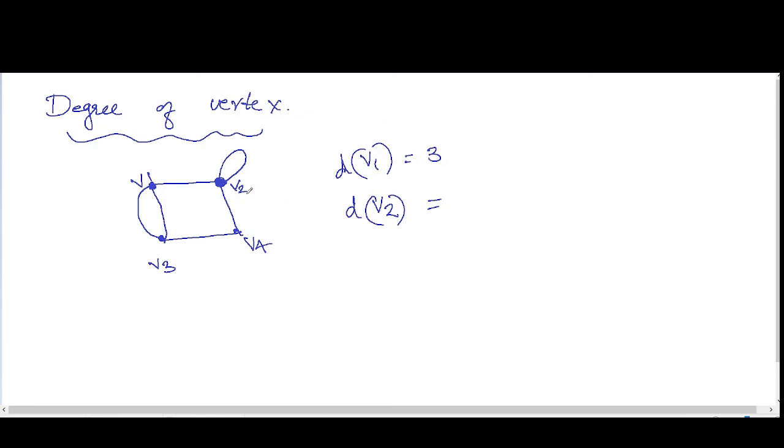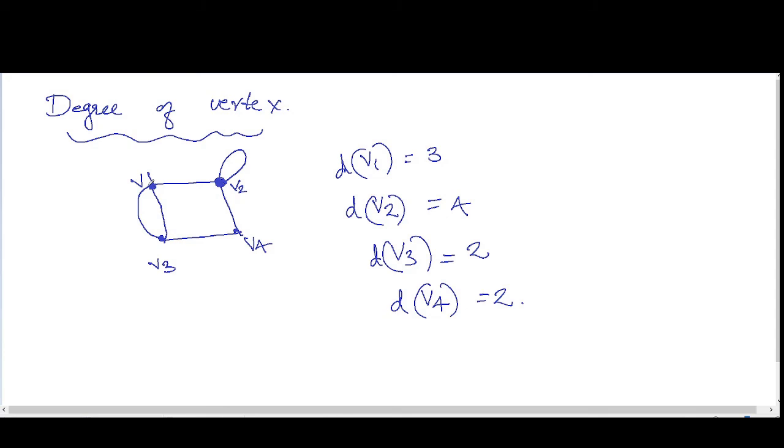So degree of V2 is 4. Similarly, degree of V3 is 2, and degree of V4 is 2. So this is the method of calculating the degree of vertices in a graph.